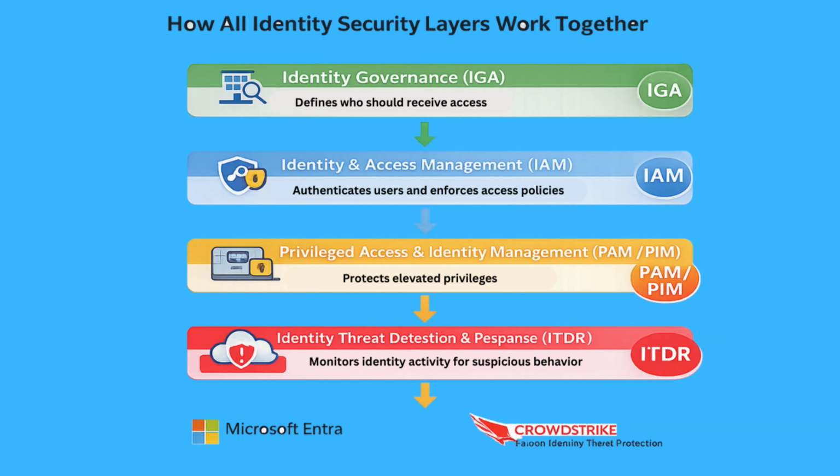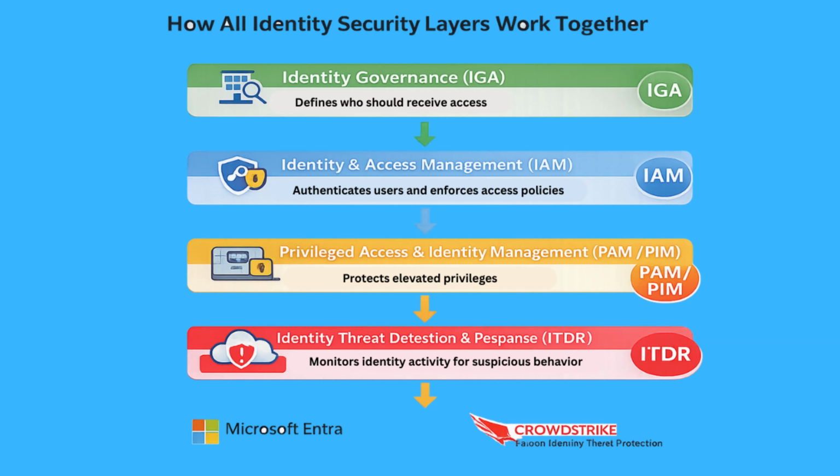For administrative users, Privileged Identity Management and Privileged Access Management protect elevated privileges. Finally, Identity Threat Detection and Response continuously monitors identity activity for suspicious behavior. Together, these layers provide a comprehensive defense against identity-based attacks.